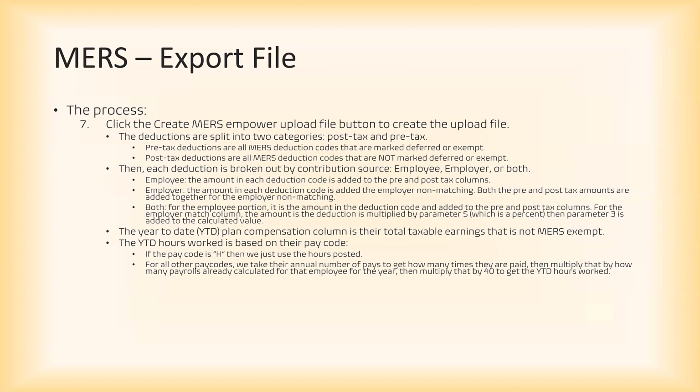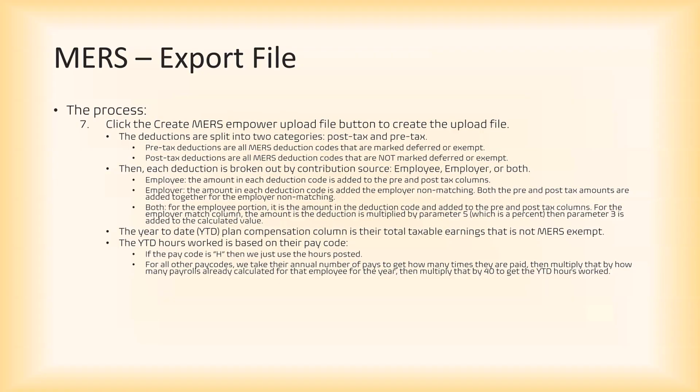If their pay code is H, we just add up the hours they've been paid for, not just posted rather. For all other pay codes, if they're salaried or commissioned, then we take the annual number of pays to get how many times they are paid in a year, multiply that by how many payrolls are already calculated for that employer for the year, then multiply by 40 to get an approximation of the year-to-date hours worked.